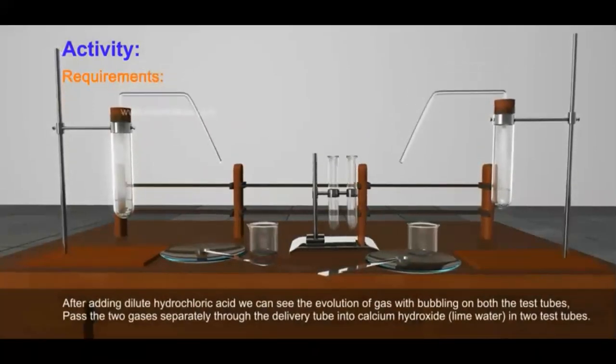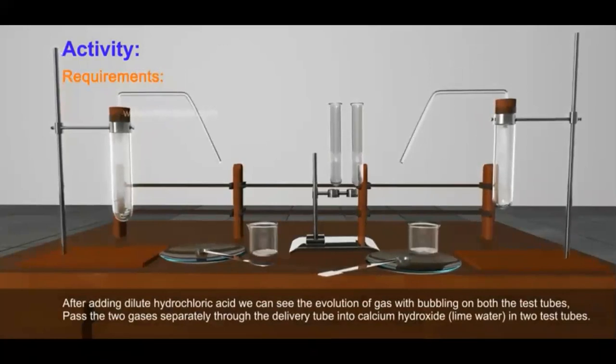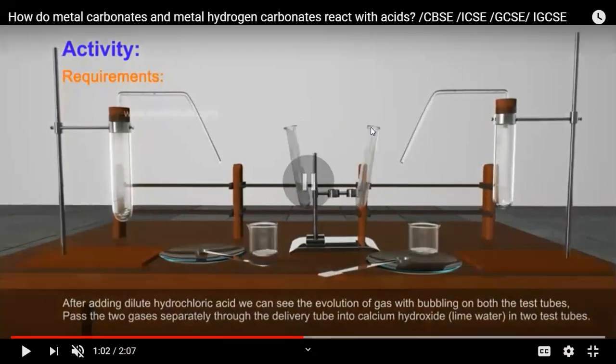Through this wooden piece, I'll connect the delivery tube, and I will take two other test tubes in which I have already kept lime water. Whenever we say that metal carbonates and metal bicarbonates react with acids, they always produce salt, carbon dioxide and water.